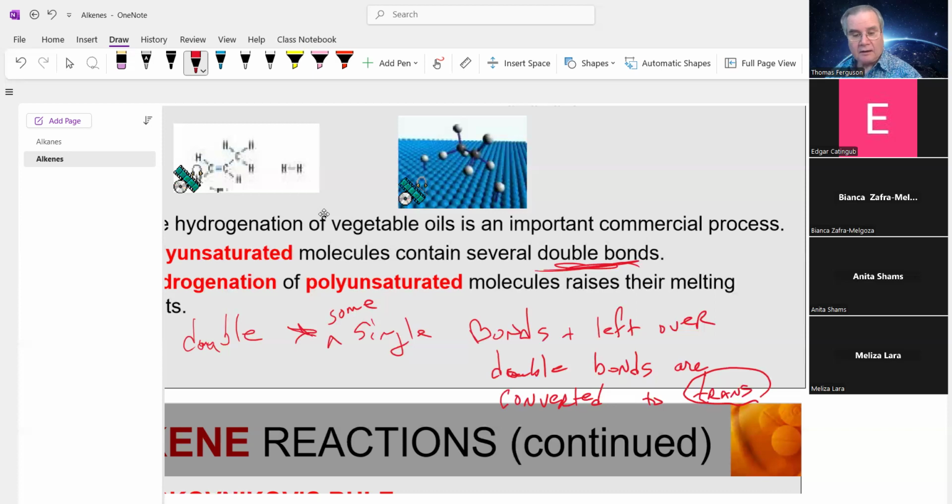That's why the Crisco company, which basically is a substitute for lard in baking, almost went out of business. What it would do, it would take vegetable oil, partially hydrogenate it to get it to act like lard. But what we ended up with was a whole bunch of trans fats.